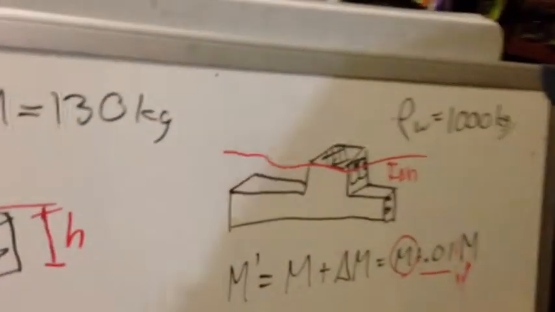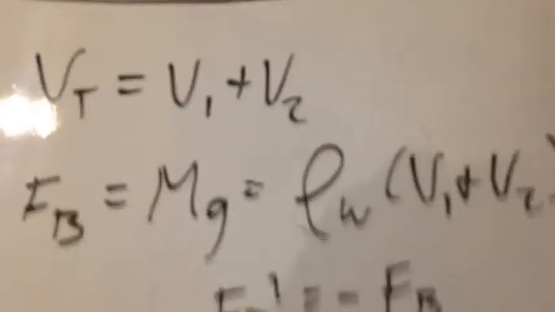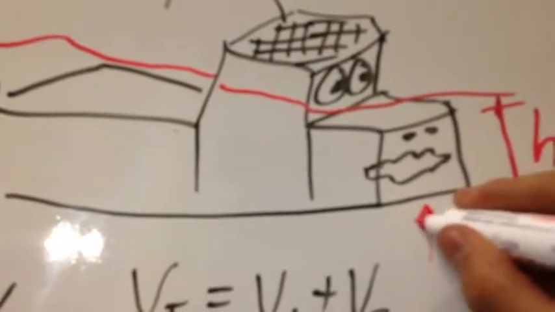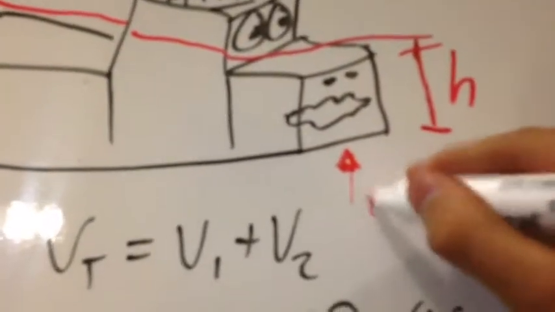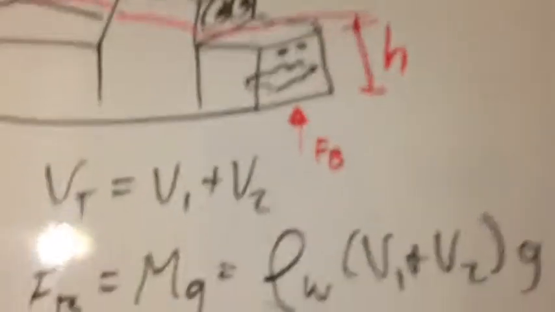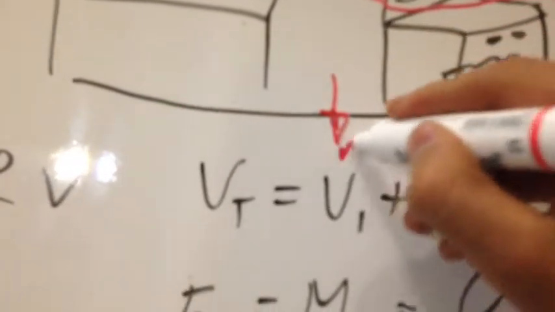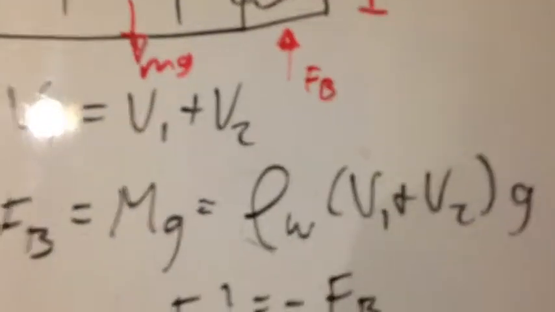Next, we have that the buoyant force, that is the force making him sustain at that level, will be equal to the mass times gravity, which will be in equilibrium.